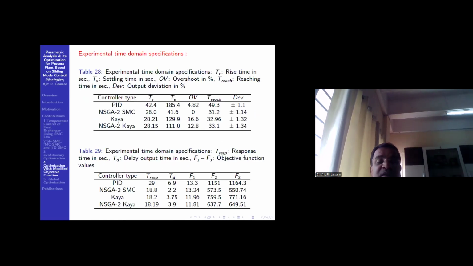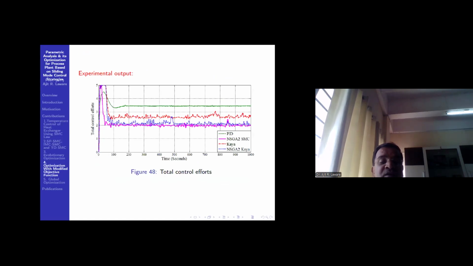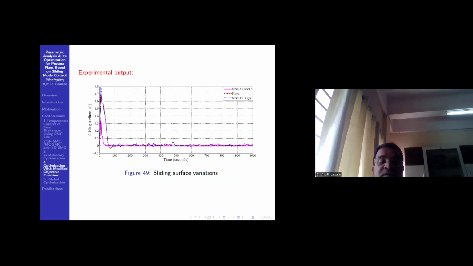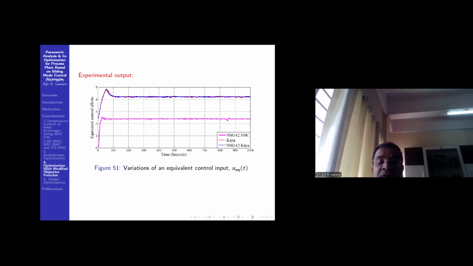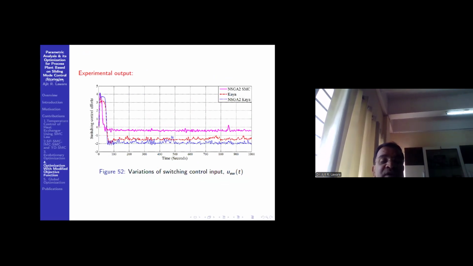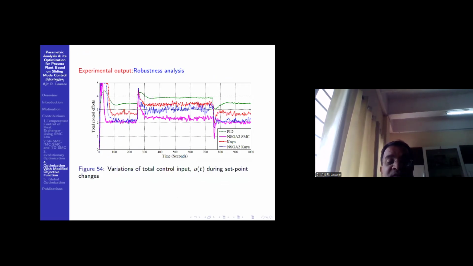These are the experimental time domain and objective function representations: set point change, corresponding control efforts, sliding surface variation, error signal variation. Then how U equivalent varies is shown here, and the U switching signal I have also shown experimentally. And this is the robustness set point change.